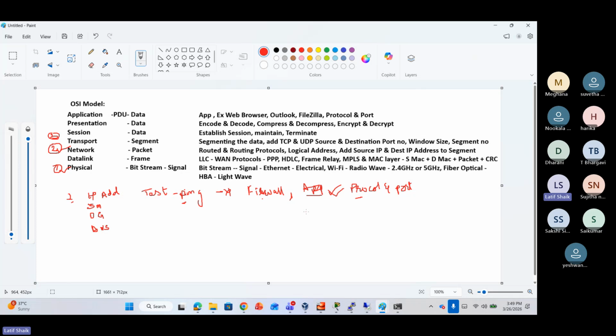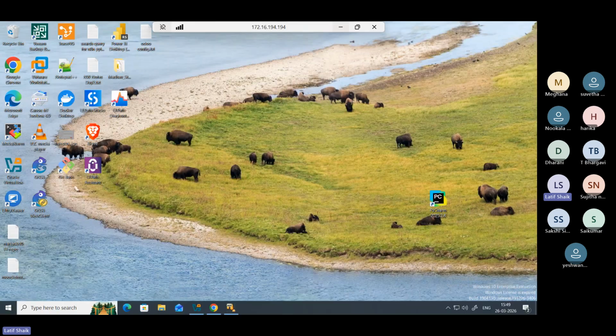Are those protocols and port numbers allowed through the firewall? Another one is whether the related application is there in the system or not, meaning whether that related service is working or not. That's another part.